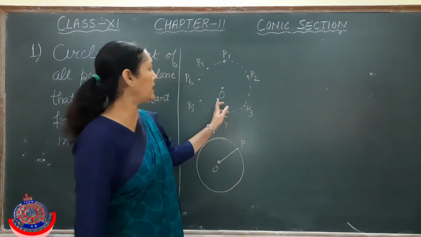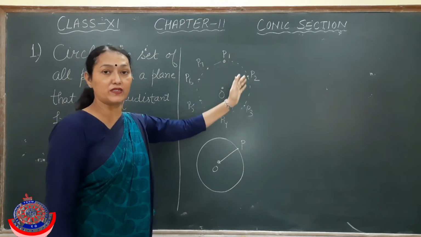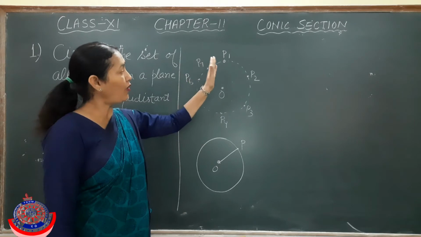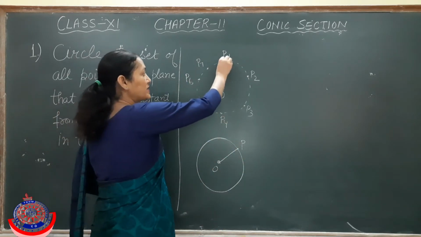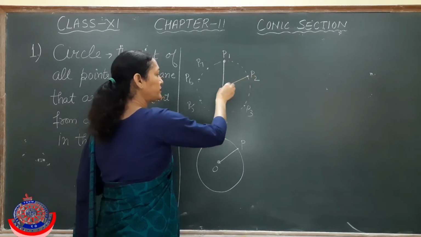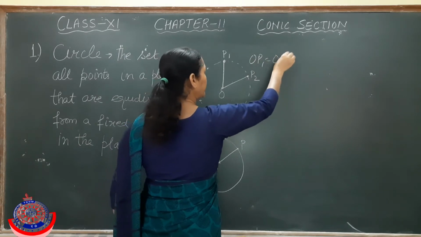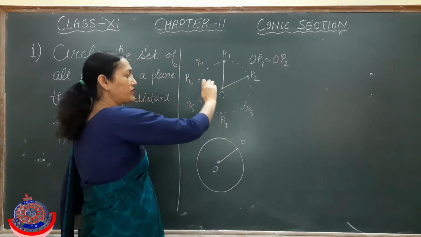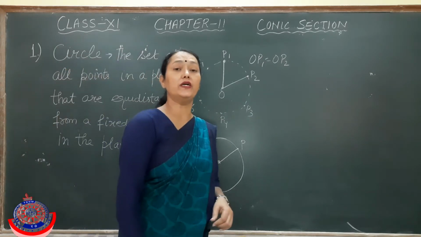Suppose I have taken a fixed point as O and marked various points P1, P2 and so on. All these points are at a fixed distance. Whatever distance of P1, same as the distance of P2. Means you can say OP1 is equal to OP2 equals to OP3, OP4, OP5, OP6, OP7 and so on.